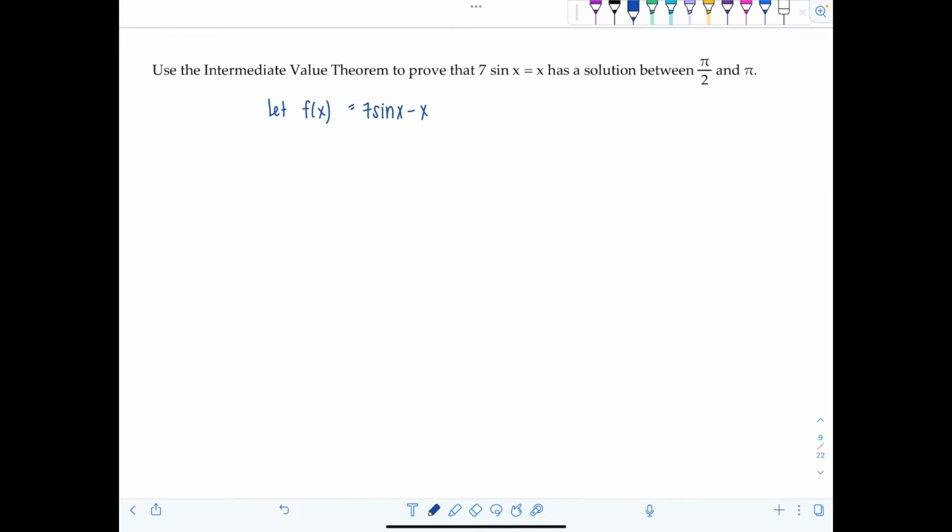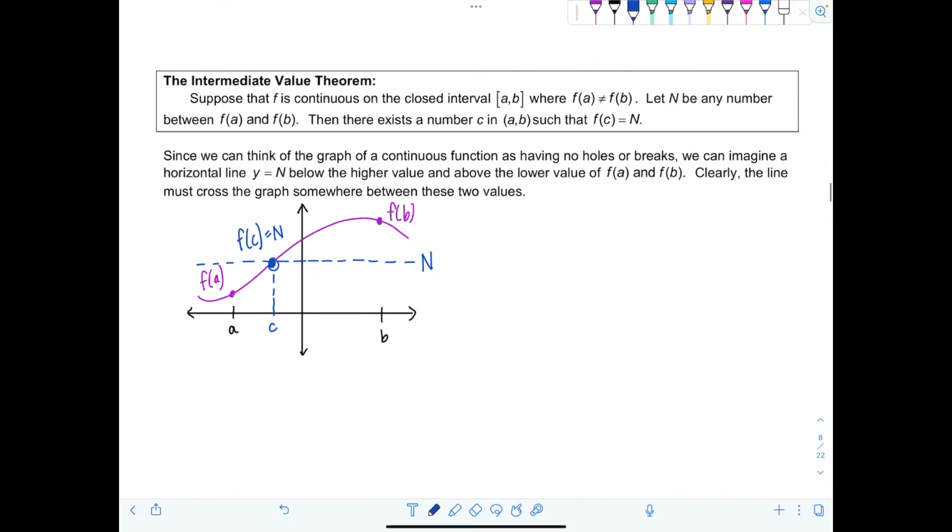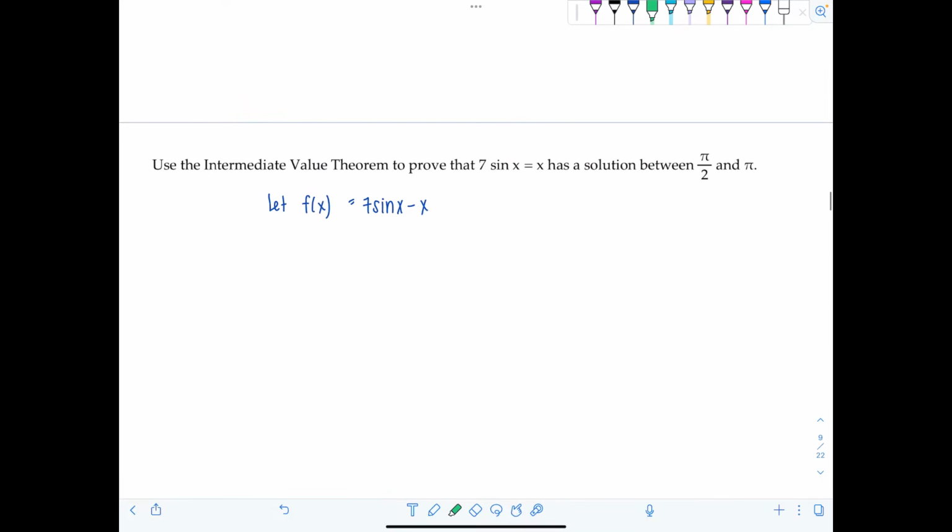We have to make sure its conditions are satisfied. So what were the conditions again? F has to be continuous on the closed interval from a to b, and f of a has to be different than f of b. N has to be between f of a and f of b. So specifically here, these are the values a and b.